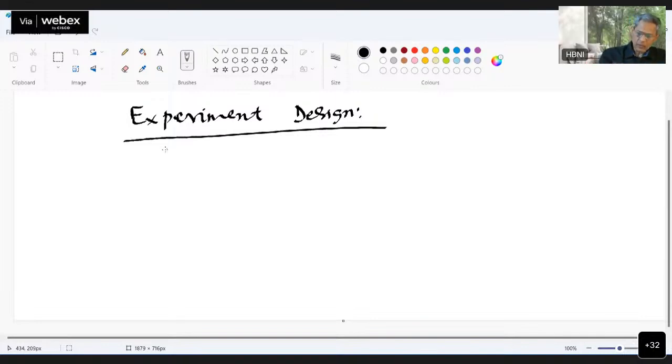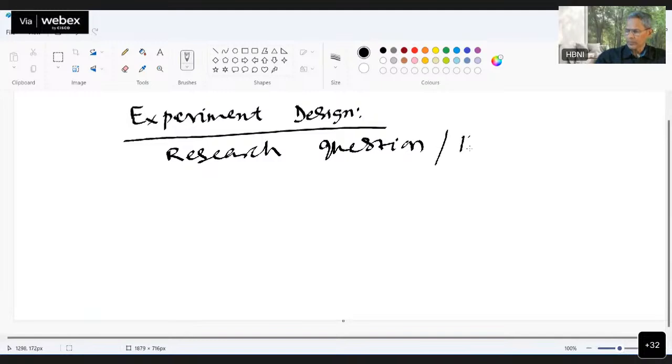Either you do a research question or a hypothesis. So many times you don't have a hypothesis, but you have a research question to answer. Once you have decided precisely your research question and hypothesis, then you have to do the experimental preparation. While doing experimental preparation, various aspects you have to keep in mind.